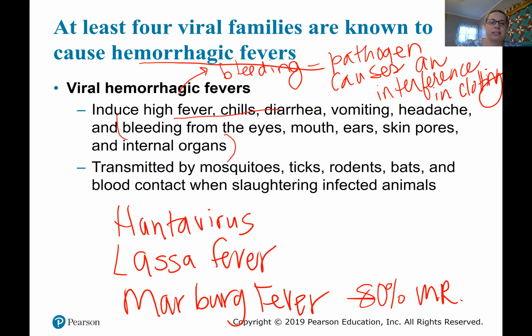So hantavirus is something that is potentially around in Southeast Colorado, probably more Southwest Colorado, but it could be a possibility. That is where there's a specific type of mouse, and it just left me, that carries the virus and excretes the virus in its excrement.